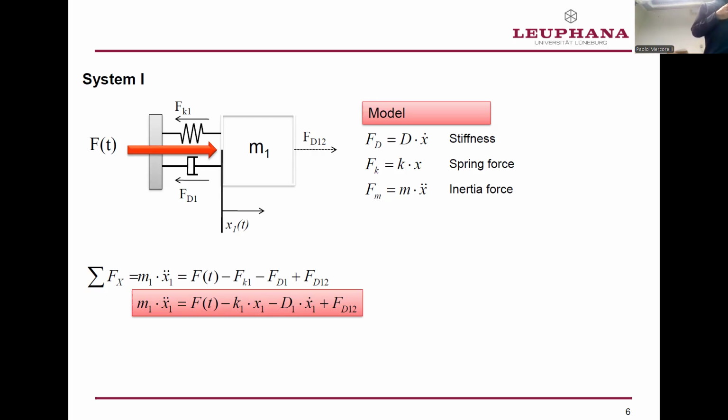K multiplied is the spring. And then we have this stiffness effect or stiffness force. Because we have a friction, we have a spring, and we have this friction which we can see expressed here.